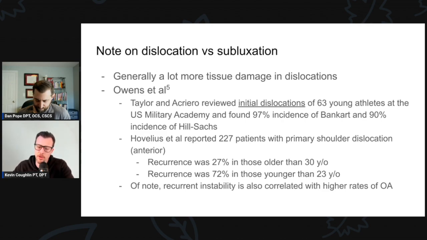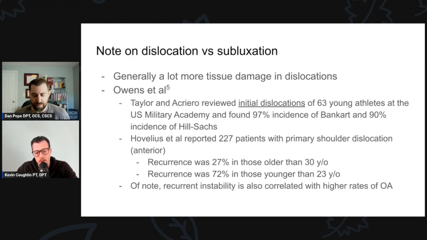And then in the same article, he also cites another paper where, we were talking about age a little bit earlier and how that influences instability. So he reported on 227 patients with a primary shoulder dislocation, so first time in the anterior direction. And if you're over the age of 30, these folks only had a recurrence rate, and I can't remember the time span in between, how long they were following these folks for, I'd have to look at the study.